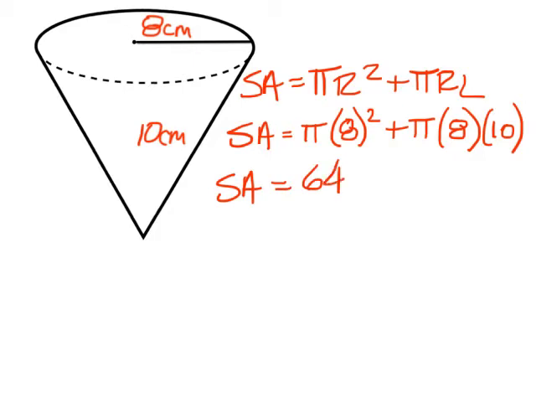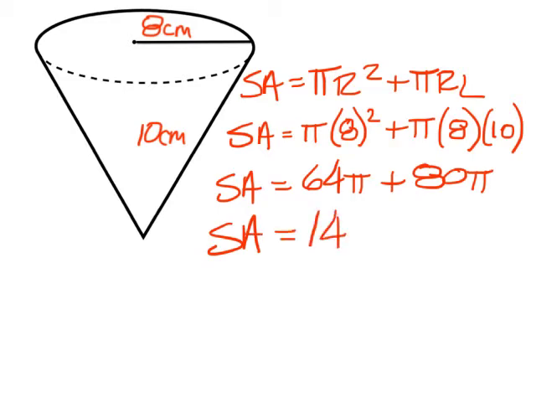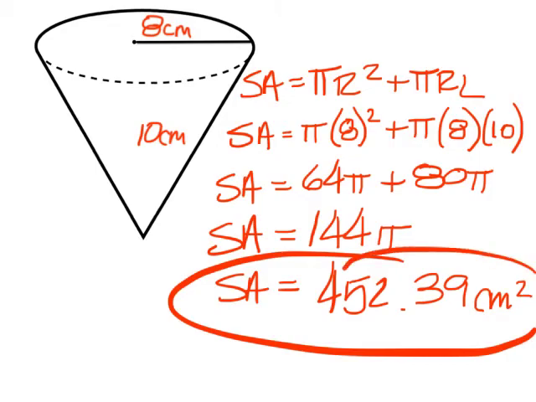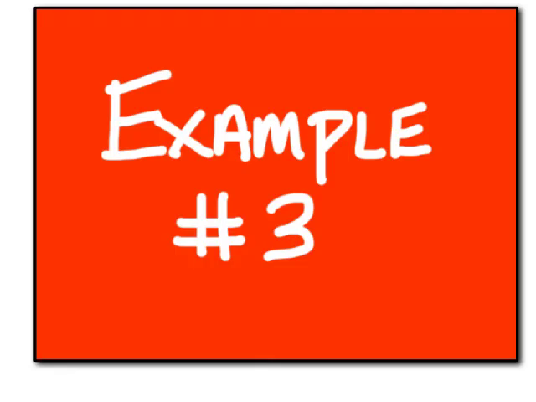Simplify to get 64 pi plus 80 pi, and combine those into 144 pi, and find that in your calculator. 144 times pi is 452.39 centimeters squared.